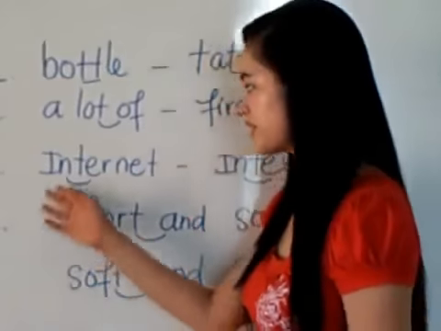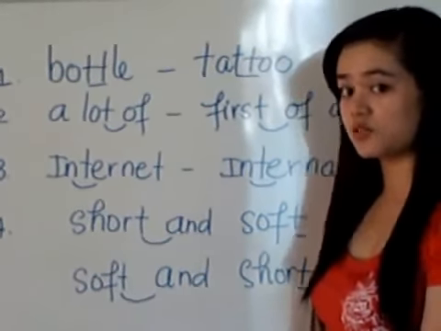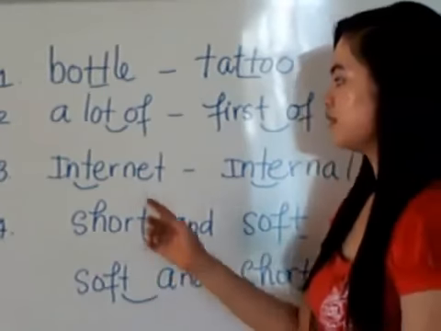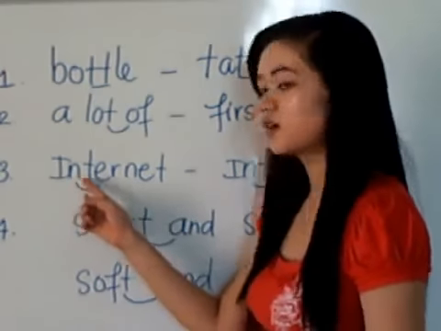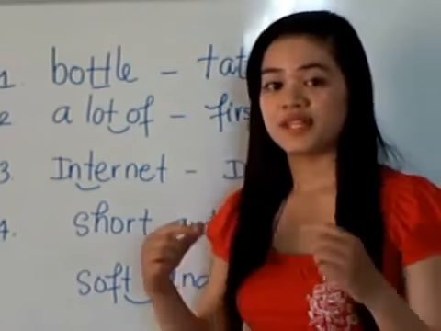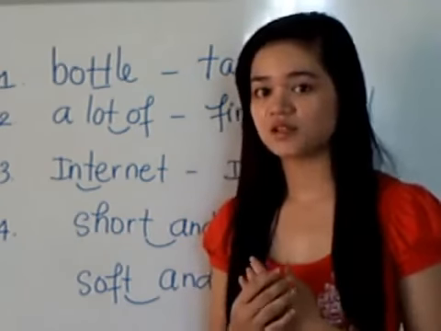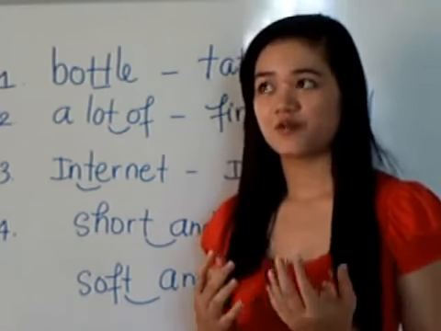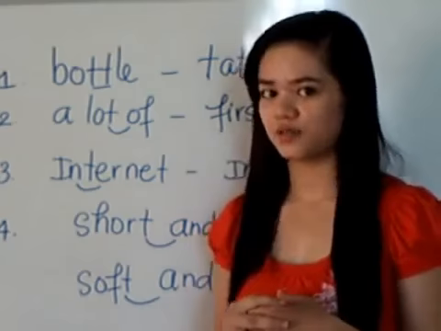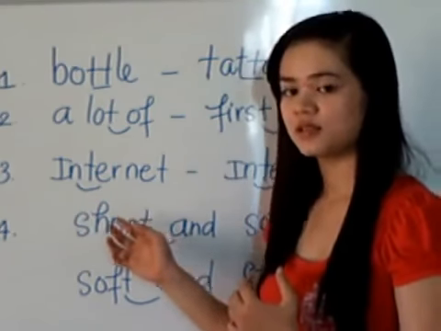And now, look at the third pair. Well, which rules do you think of? Listen, this is N goes with T. Do you remember the rule of glottal stop? When N and T go together, we have to cut off the sound, like we have to drop the letter T in the word, so we say internet. Internet.